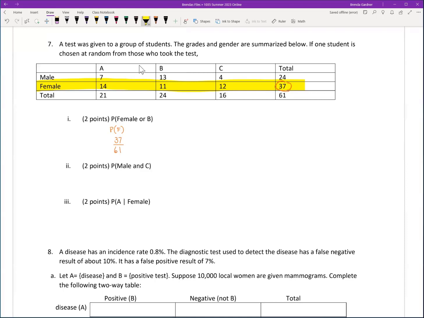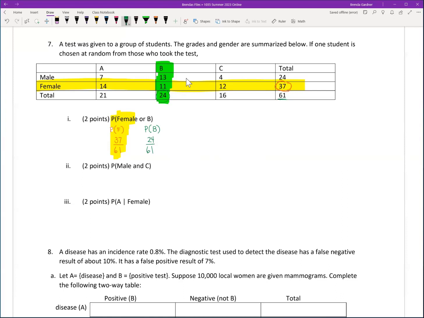So that's the probability that they're female, right? What's the probability that a student gets a B? For that, I'm going to look down the B column, and there are 24 out of, again, your total 61. So if I had asked what's the probability of being female, you would say 37 out of 61.